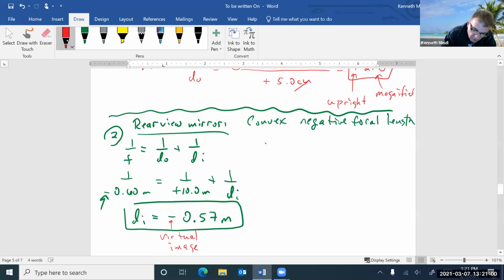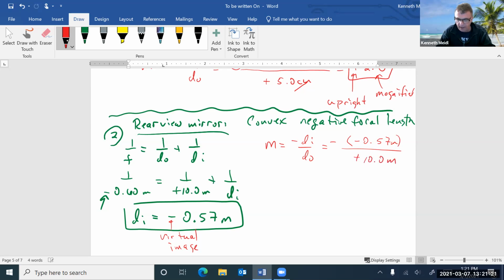And so I'm going to go to magnification is minus DI all over DO. We have a built-in minus sign. And DI in this case is minus 0.57 meters, and DO is positive 10 meters. Okay.